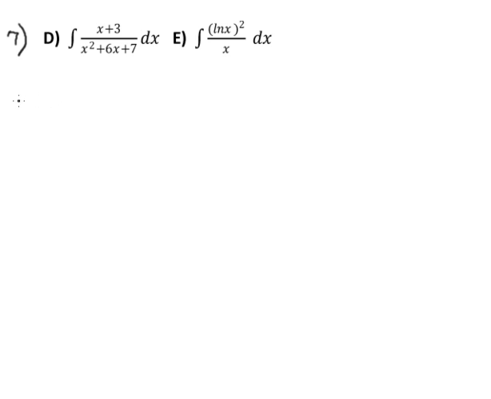All right, so for d, again, it's a log. It's the log of the denominator.